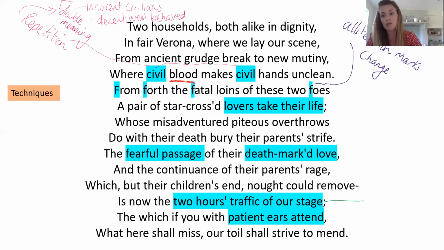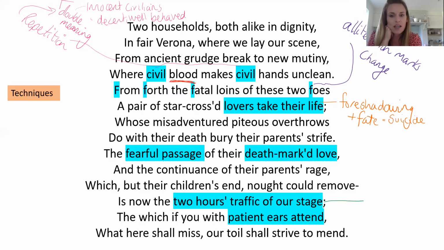We're going to move on to another one. I'm going to have to move myself again. And this time we're going to look at the alliteration. Now this is a nice one. So we've got "from forth the fatal loins of these two foes". Now the alliteration sort of changes the image really here and the tone here, because we're talking about the two households in that first quatrain, and then we move on to start talking about the lovers in the second one.